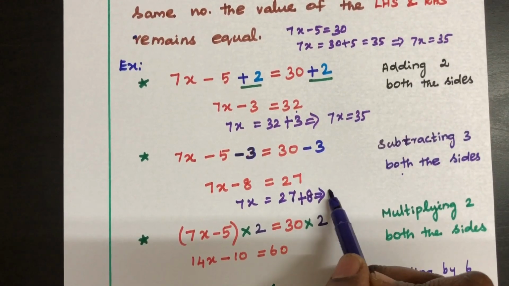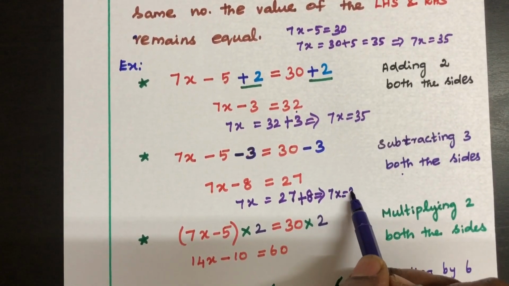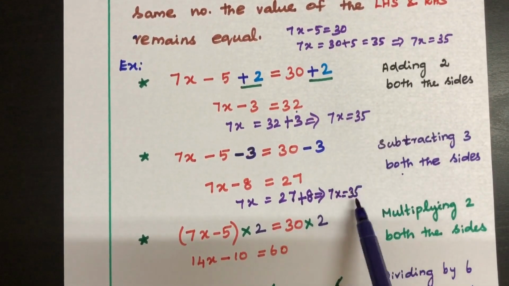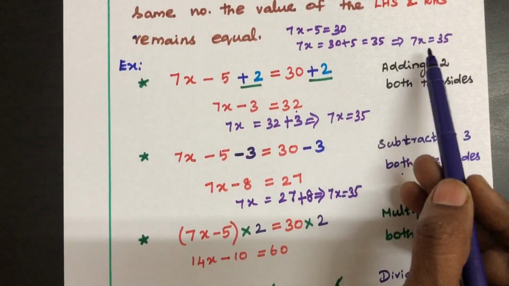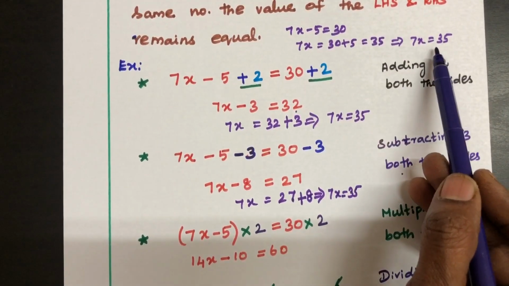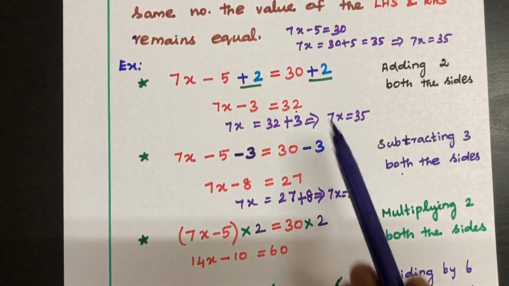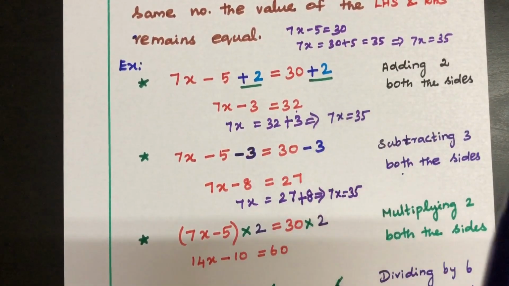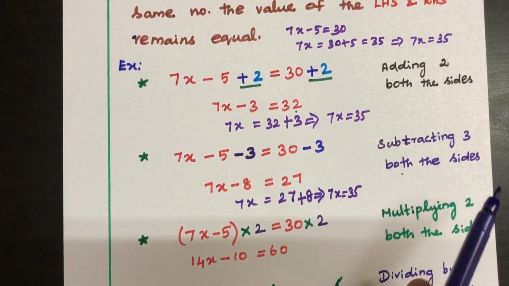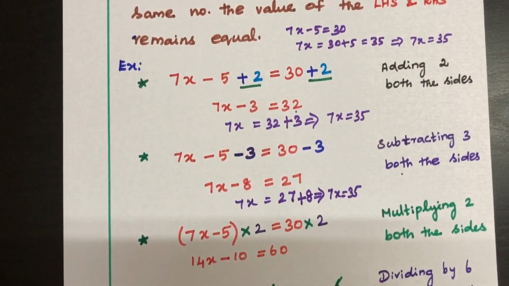This gives us 7x equal to 35. See, again it is the same, 7x equal to 35. It never changed. Whatever you do to the equation, if you do it on both the sides, it will not change or affect the equation. That's why it is called an equation, equal.